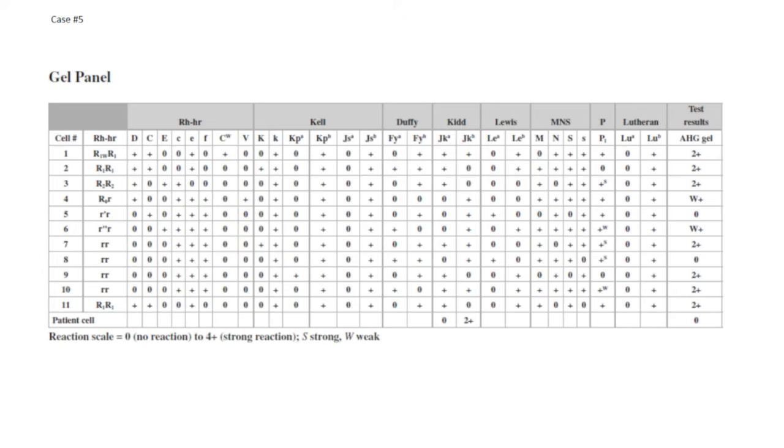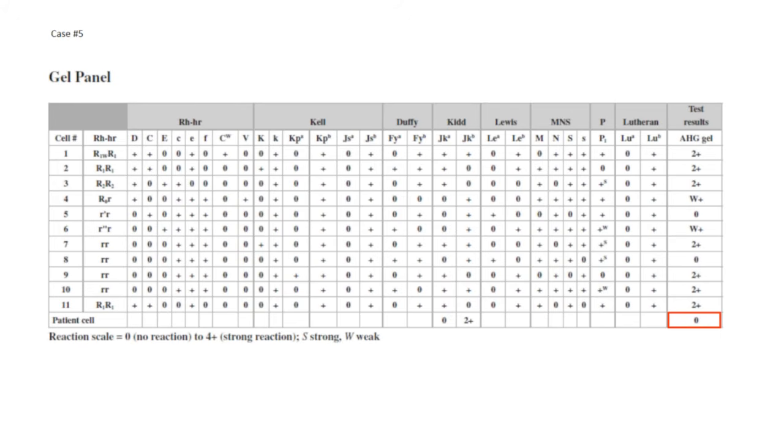So what is our gel panel showing us? When we look at the panel, we are seeing variable reactivity throughout cell 1 to 11. The autocontrol is negative. It's important to note that we're seeing reactions at 2+ in many of the cells. 2 of them are reacting only weakly positive, and as you mentioned, the autocontrol is negative, signifying what?